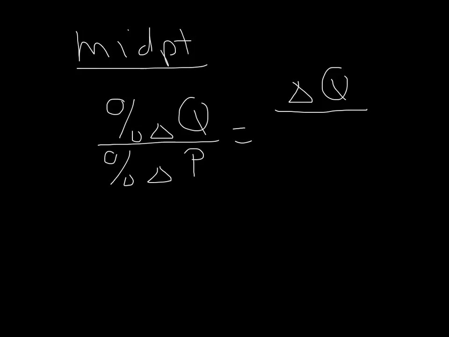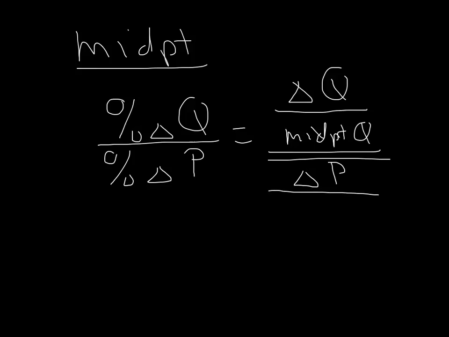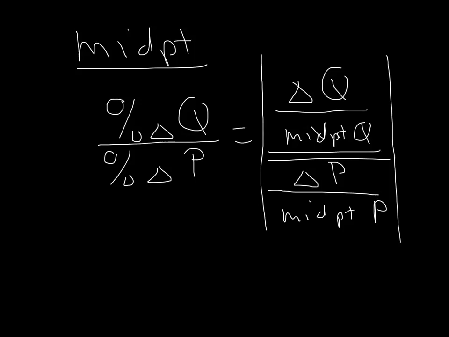The key thing is, though, now it's not just divided by the old value, as typically is done with percent change. We're going to divide by the midpoint, or the average of that quantity, and we take that, we divide, once again, percent change in price is change in price. Instead of dividing by the original price, we take the midpoint, or the average price value. Absolute value is required if you're dealing with the price elasticity of demand. It's irrelevant, not needed for the price elasticity of supply.